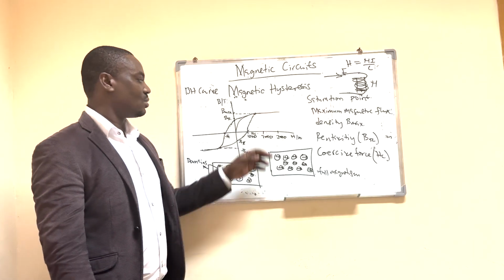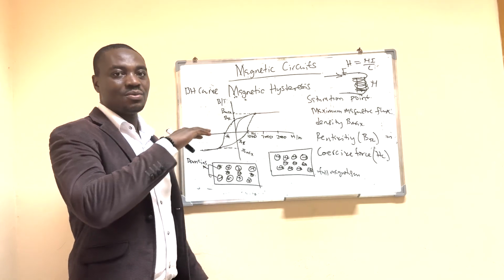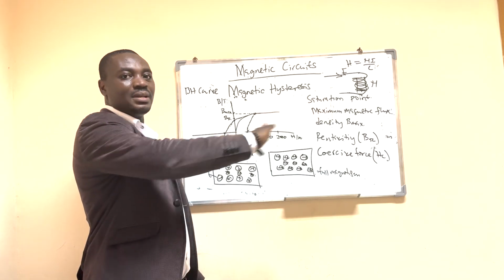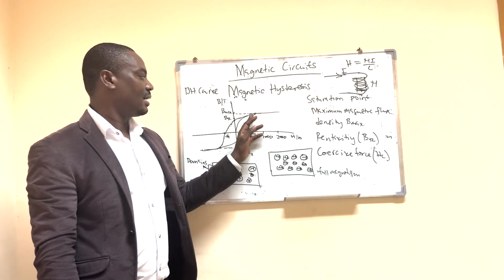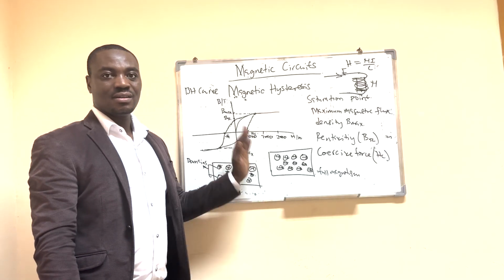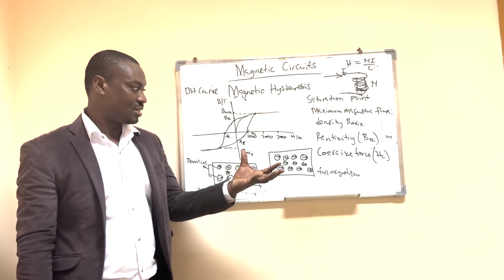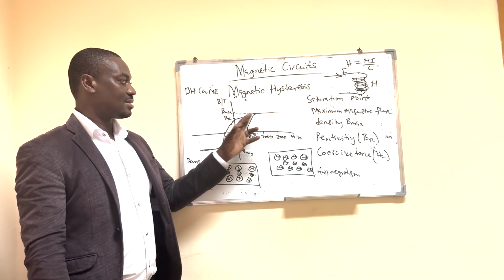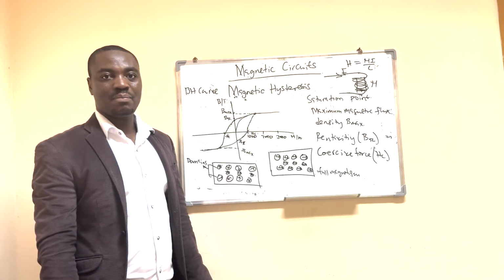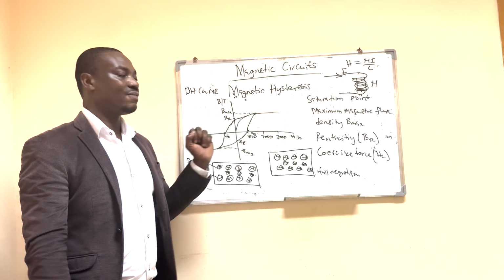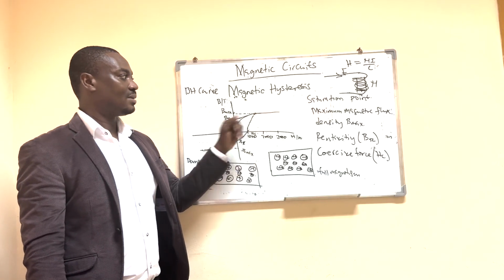In other words, you reach a saturation point, meaning that upon increasing the magnetic field strength, the magnetic flux density stays the same. That's what we refer to as the saturation point. At this point, which is here, we get the maximum magnetic flux density.